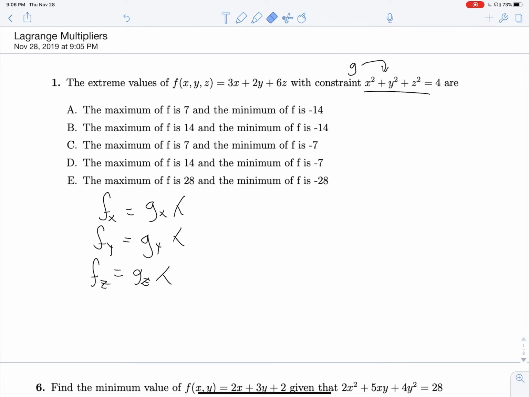And then lambda, as we know, is just some constant that helps us solve these things by making our two gradients parallel to each other.